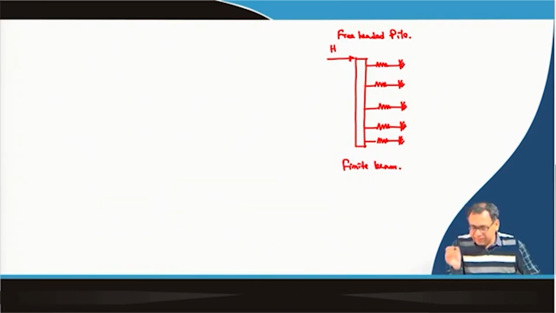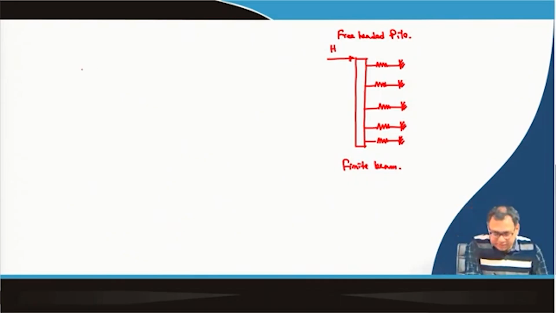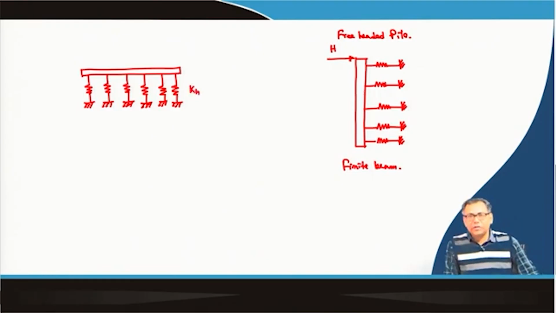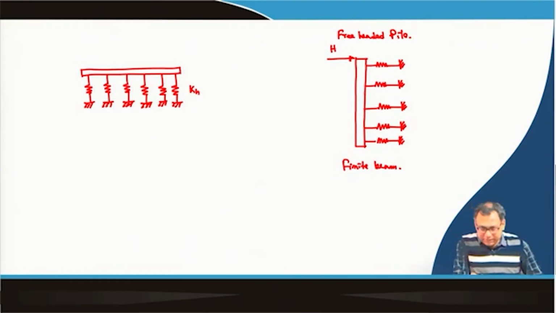If I rotate the orientation of the system, then this is the finite beam and these are the springs, whose spring constant or modulus of horizontal subgrade reaction is kh.